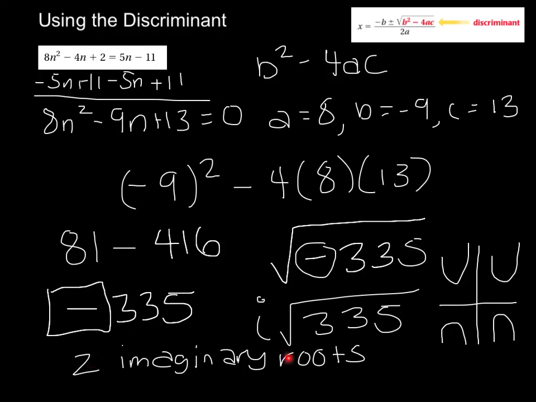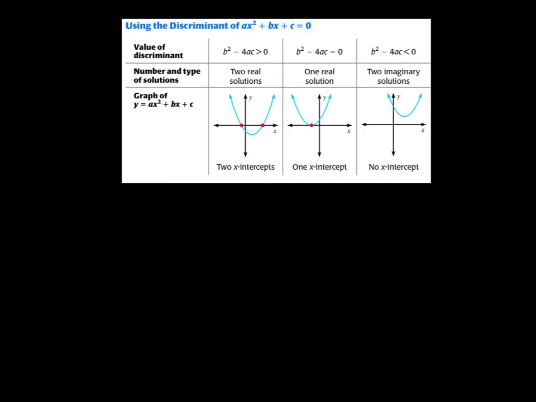Now remember guys, there's three possible values you can have for the discriminant. When this is all said and done, you can have it greater than 0 or positive. You can have the discriminant equal 0, or you can have the discriminant less than 0, which is negative.